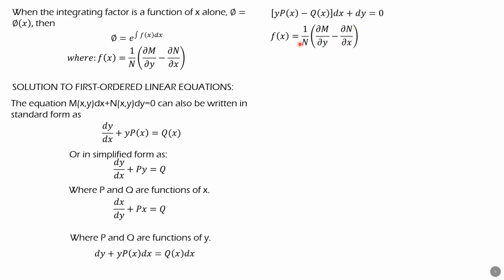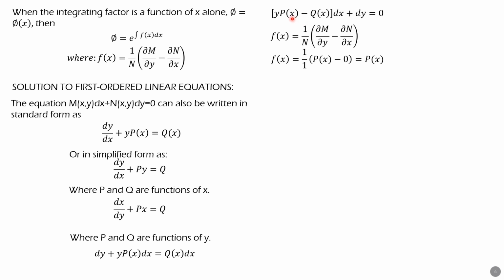So M is this expression, this coefficient, and N is equal to 1. Therefore, f of x is 1 over 1 times P of x minus 0, and the result would be P of x.